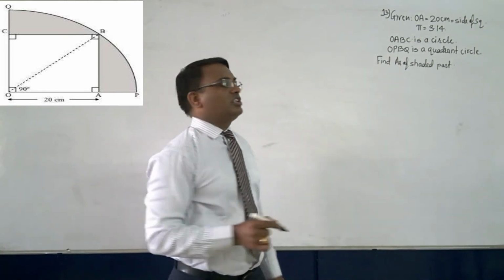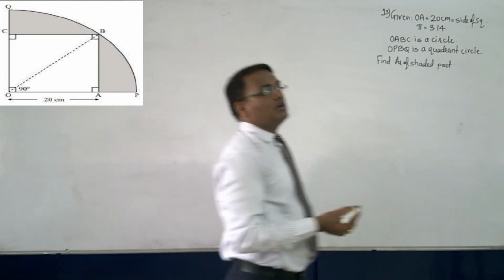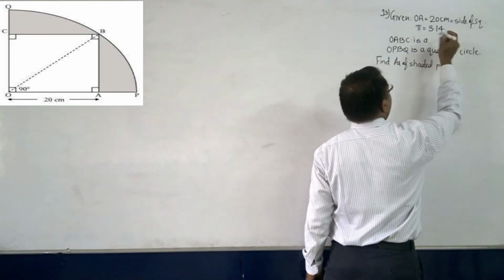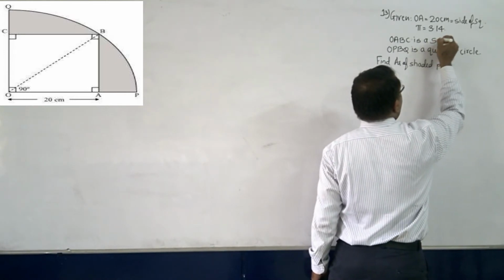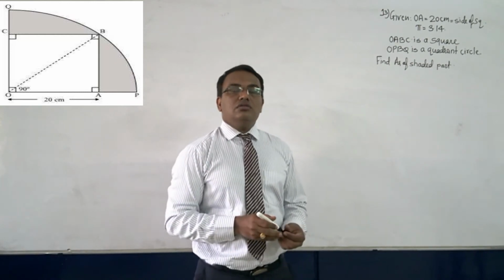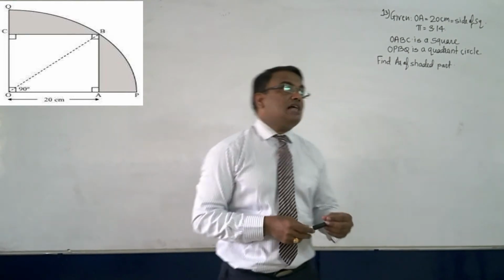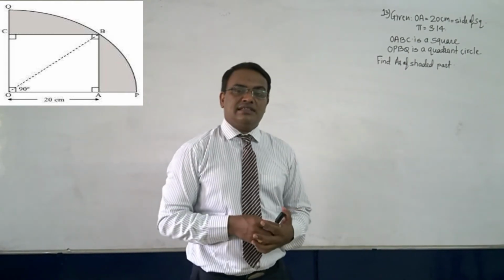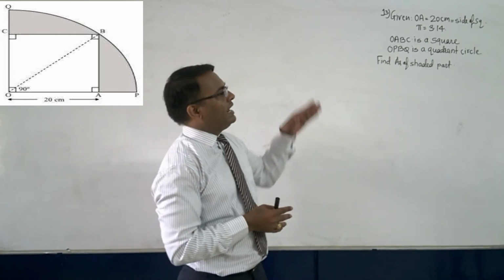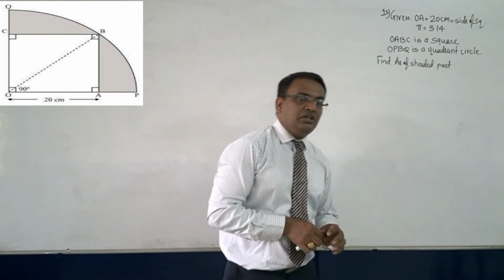Pi we have to use here 3.14. So let's observe the diagram first, and after observing the diagram, the given things are OABC is a square, OPBQ is a quadrant of circle, and OA, which is a side of the square, is equal to 20 centimeter.